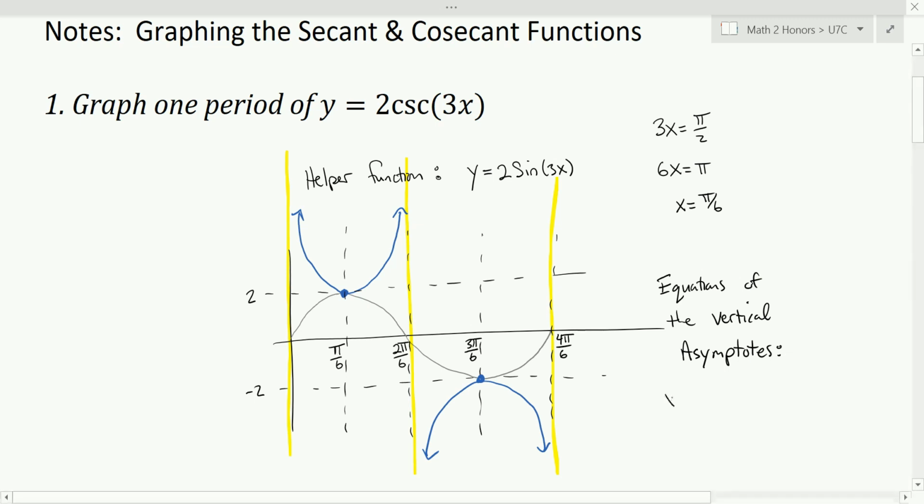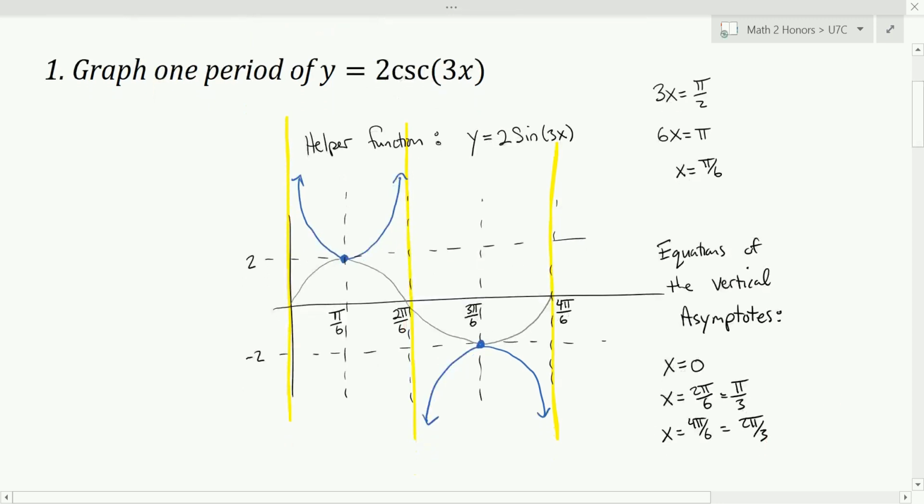What's the first one? X equals 0. Next one, x equals 2 pi over 6, which reduces to pi over 3. And the last one is 4 pi over 6, which reduces to 2 pi over 3. And these are actual equations of vertical lines.